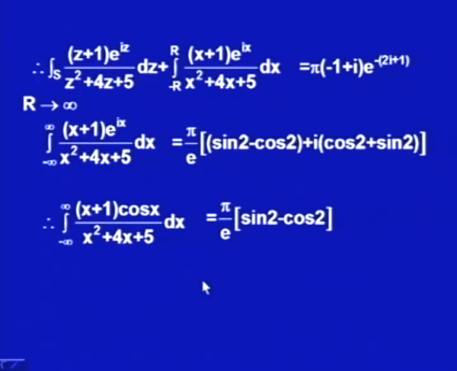That result has helped us evaluate more integrals of the form minus infinity to plus infinity f(x) cos x or f(x) sin x dx.